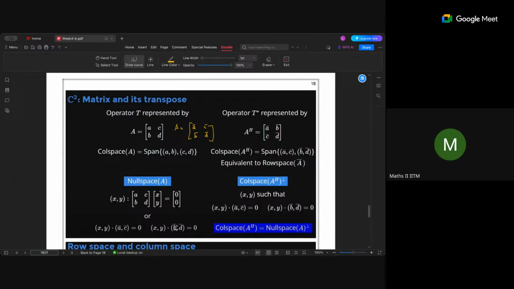Null space of A, is there something we are missing here? Why are they the same?